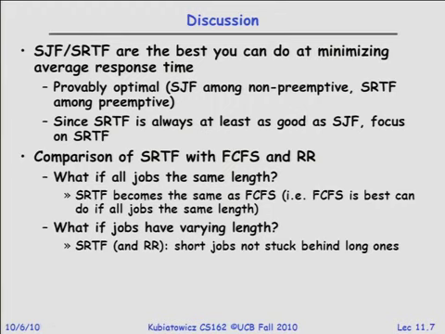So if all the jobs are the same length, SRTF just basically runs them in order. Now, on the other hand, if the jobs have varying lengths, then SRTF will put the short jobs first. And so you could kind of think that round robin is sort of like an approximation to SRTF in some weird way. It's not a great approximation, but it's kind of one. Okay? Because they both try to get the short jobs first.